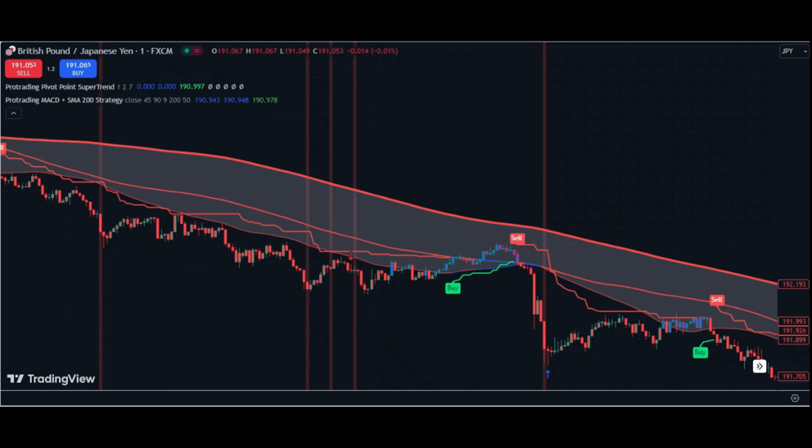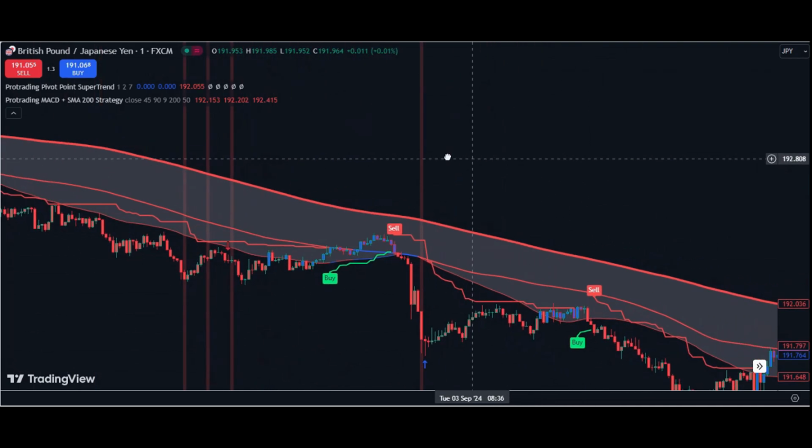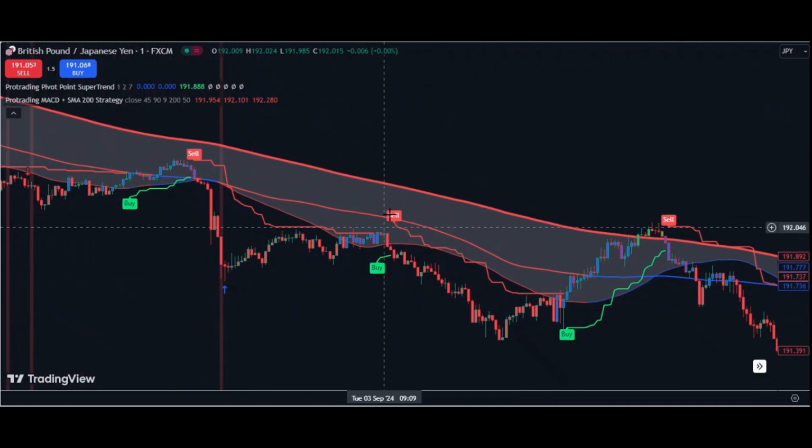The strategy is very simple and very straightforward. You see at this point, again, you have another signal telling you that price is going to go down, and you see here price has already closed outside the cloud.